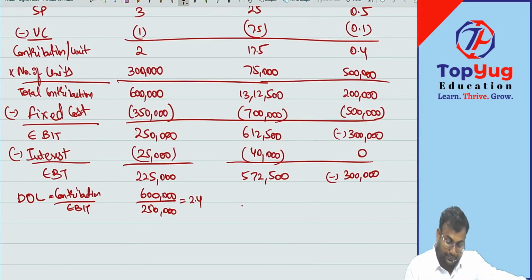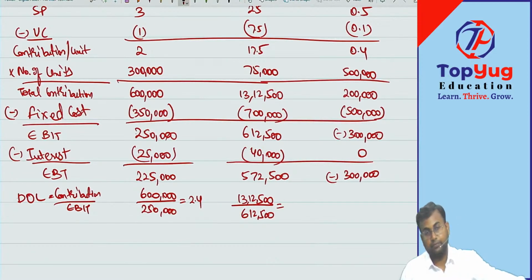Similarly for the next one, then here it will be 0.6.